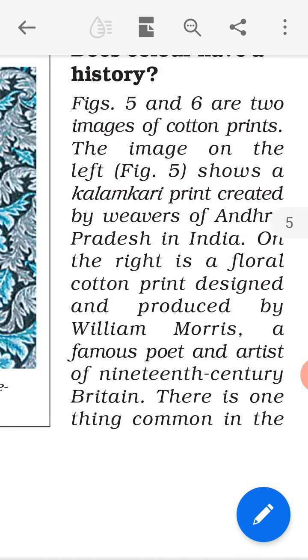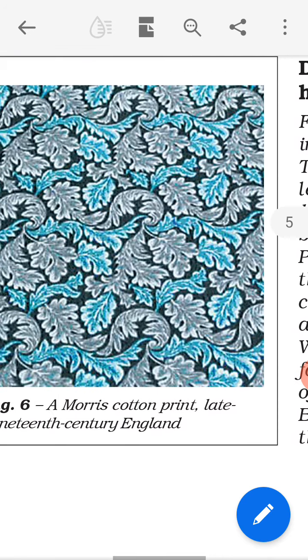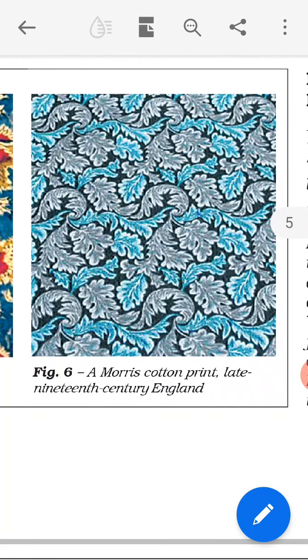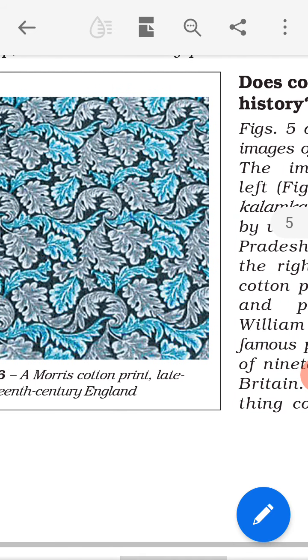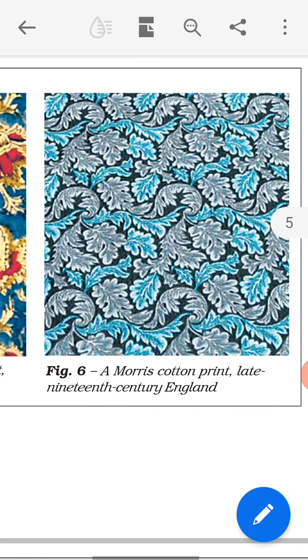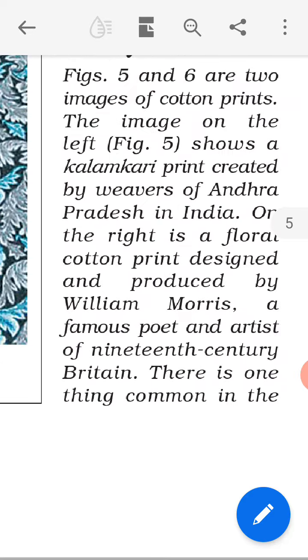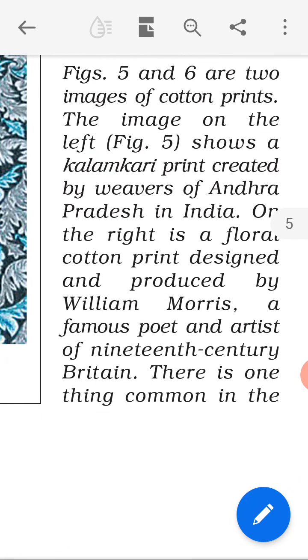On the right means this one. This figure number 6. On the right is a floral cotton print designed and produced by William Morris. This one designed by William Morris. Come to the point. On the right is a floral cotton print.